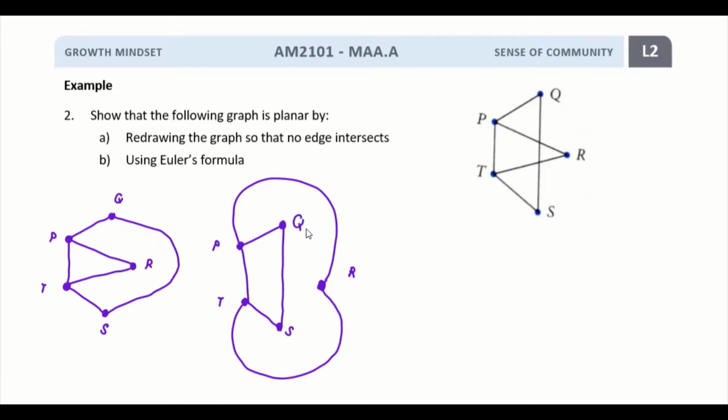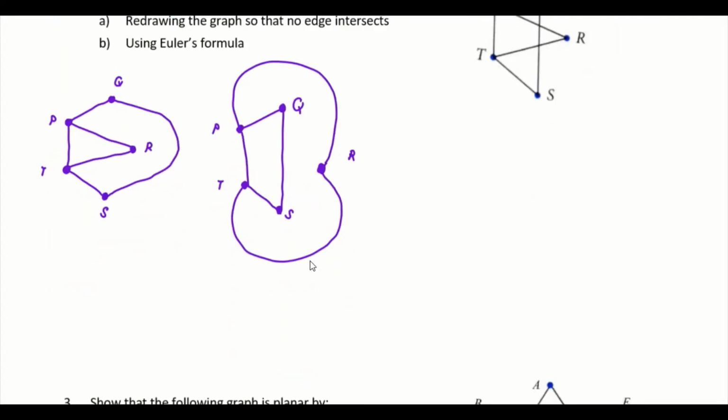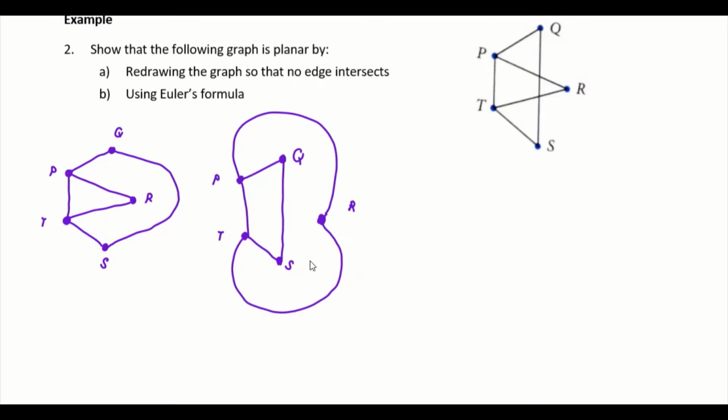Okay, so now part B, the question wants us to use Euler's formula and prove whether it's planar or not. So after we draw the graph, we can try to check. Again, in this case, I'll try to write everything properly so you know how you should write down your Euler's formula properly.